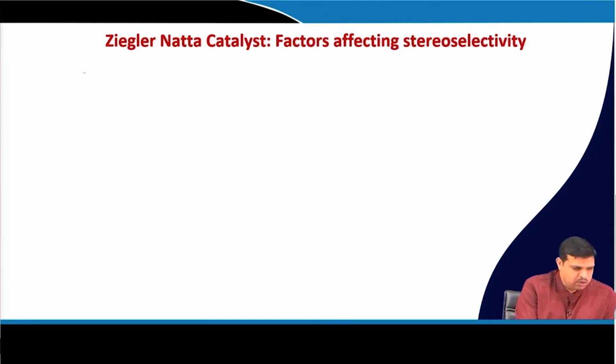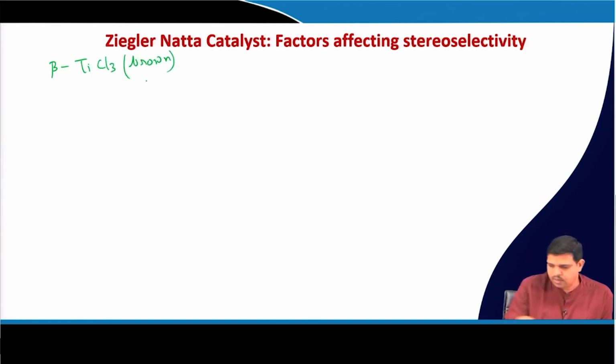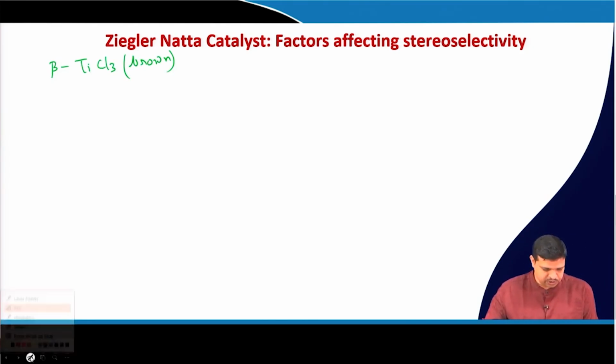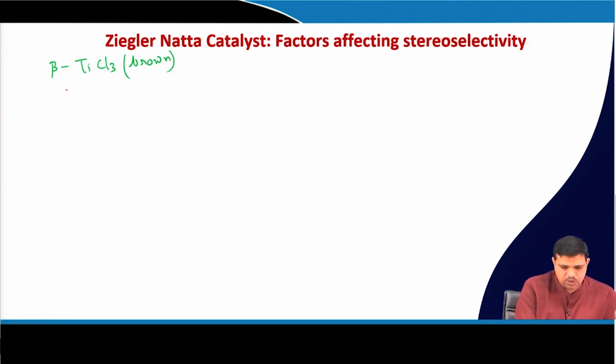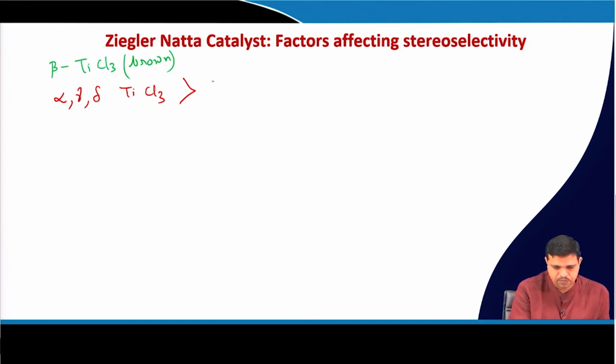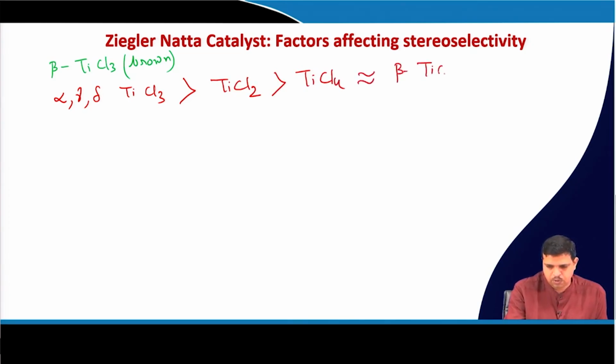We know that beta TiCl3, which is brown in color, has quite low stereoselectivity, compared to alpha, gamma or delta TiCl3, which have much higher stereoselectivity.